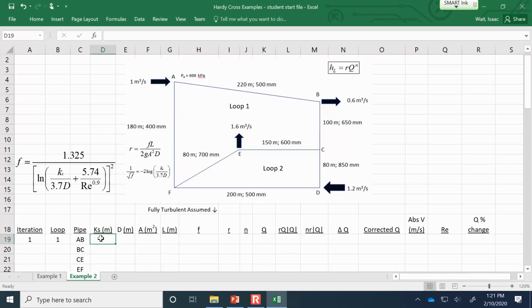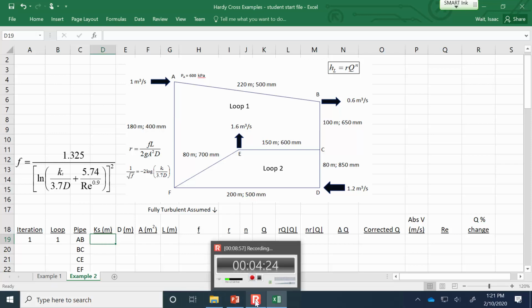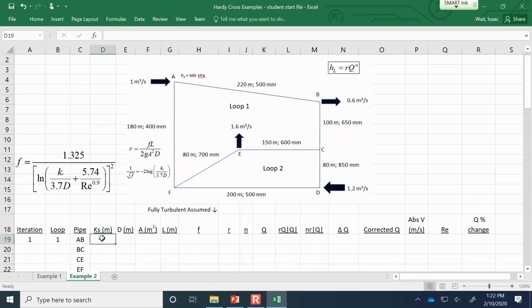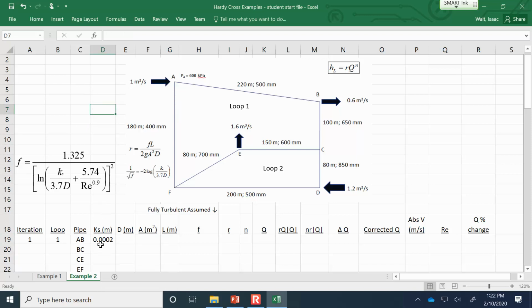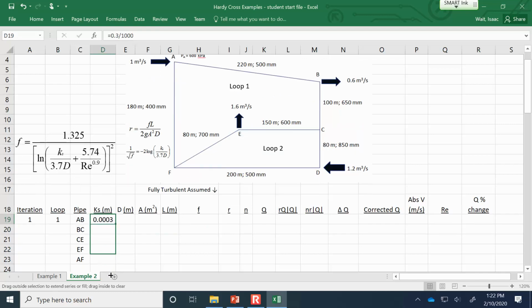The K sub S, the equivalent sand roughness, is going to be the same for all of them. I think the handout says that in this example it's an epsilon of 0.3 millimeters. And so we can say equals 0.3 divided by 1,000. All right, so that's our K sub S value.